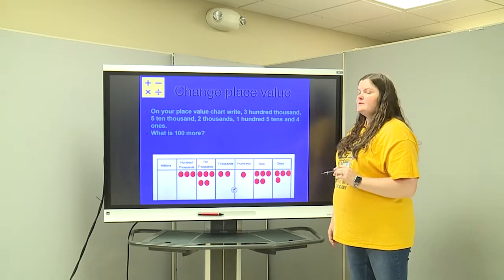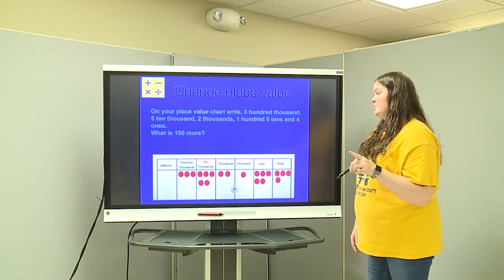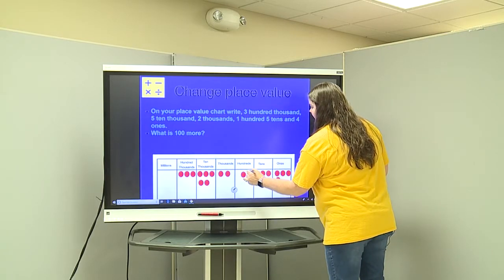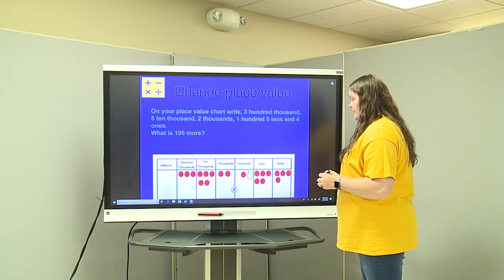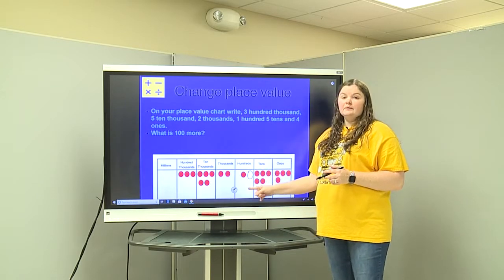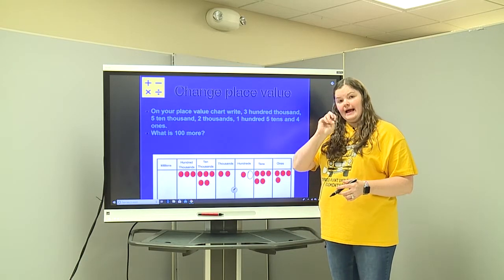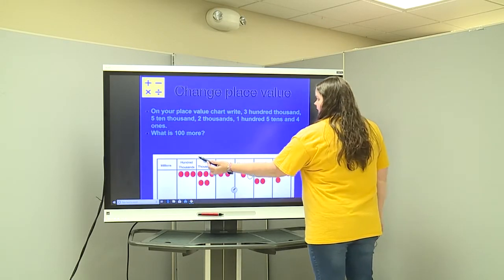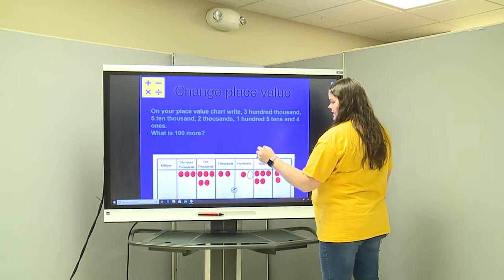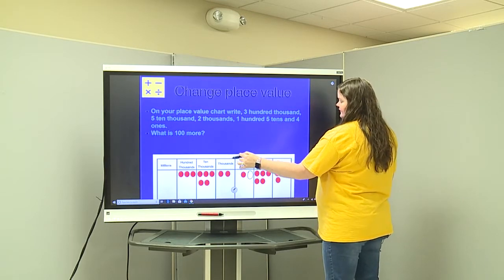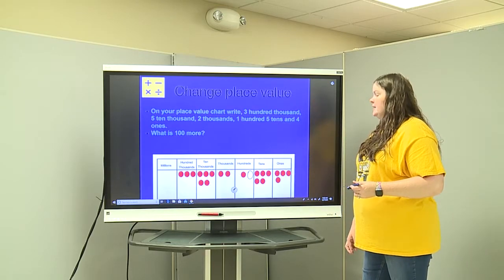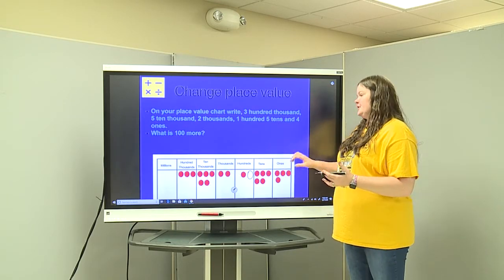Now it says, what is 100 more? So if I came to the hundreds place and added a place value disc there, instead of having only 100, now I have 200. So that new number would be 352,254. So all we did there is we changed the hundreds place.